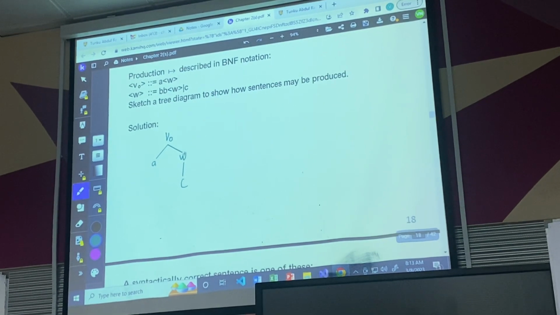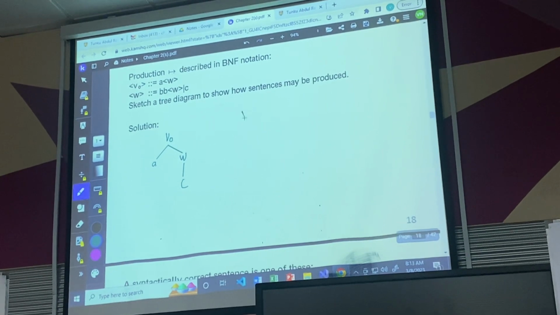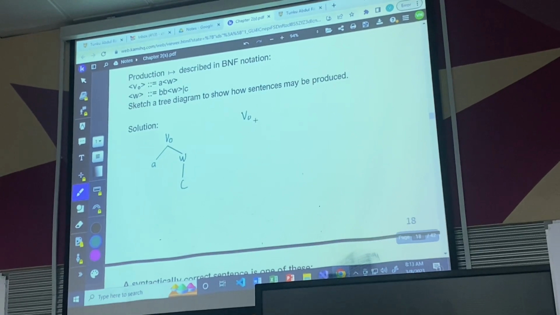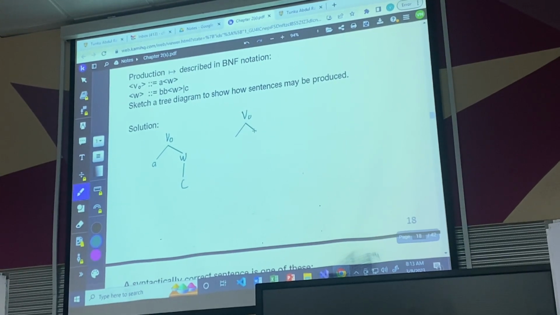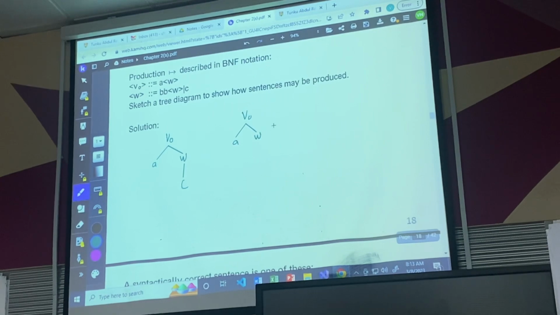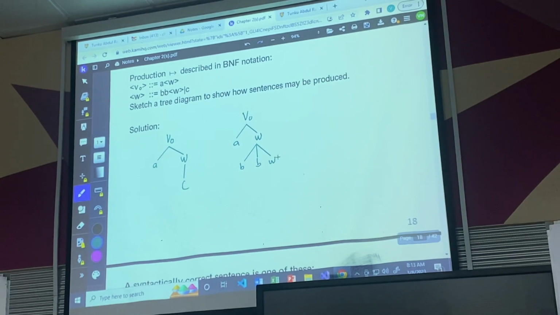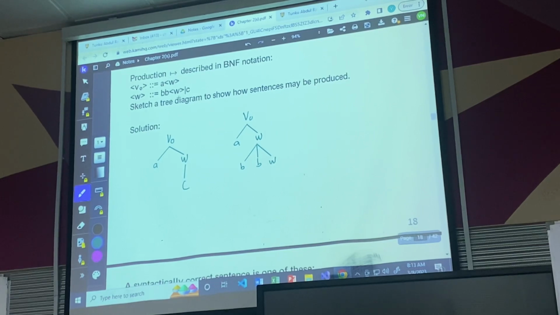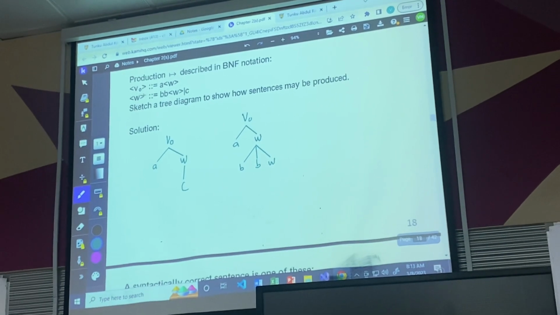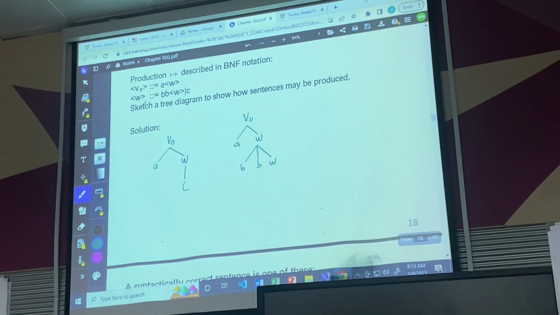But if let's say you choose to substitute with BBW, then it will become like this. So if your W substitute with BBW, this W is a non-terminal, meaning that you can still continue to substitute with either BBW or C, because this keeps on repeating. Correct?